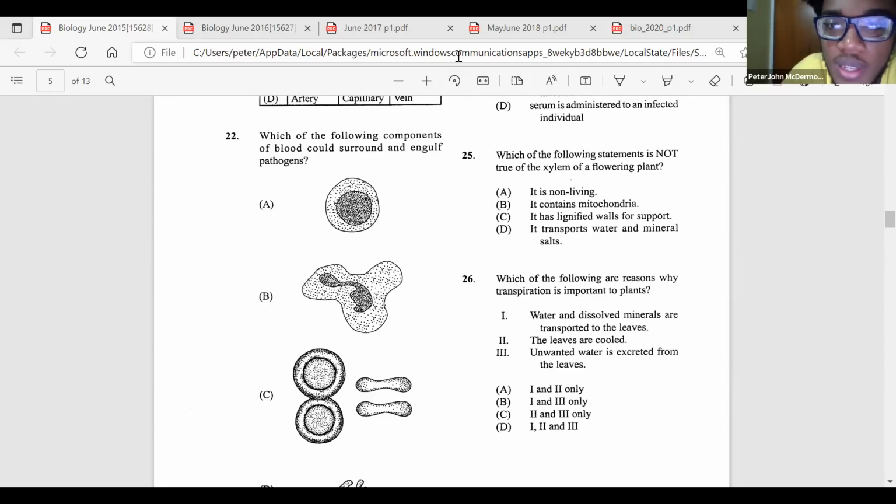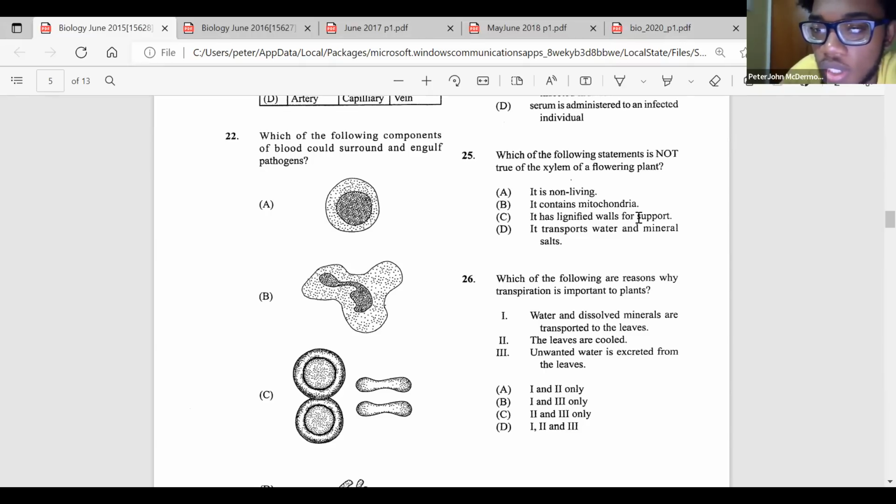So a xylem is just a straw. It's a fancy straw, right? As far as I know, no straw has to be alive to do its function. Xylem is non-living. It's literally just a straw. If it's non-living, lignified walls for support, that's true.